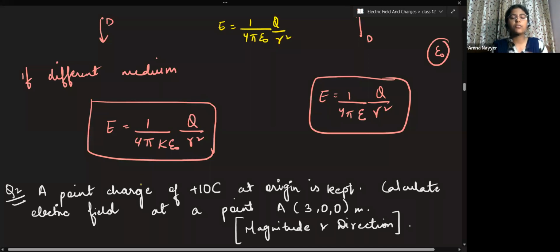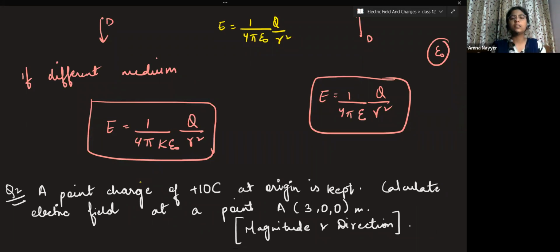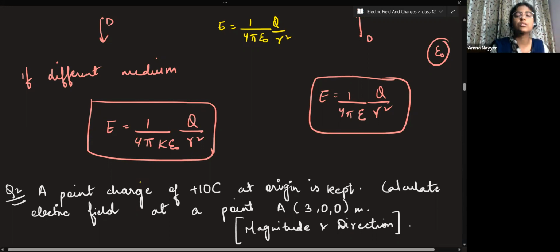For now, just remember, whenever the medium is changed, the electric field or the electric force does not remain the same. Every medium has its dielectric constant value, so this gets multiplied with the permittivity of air.